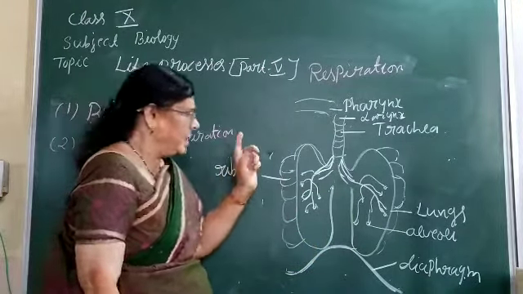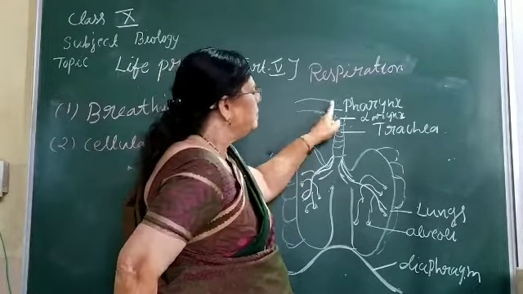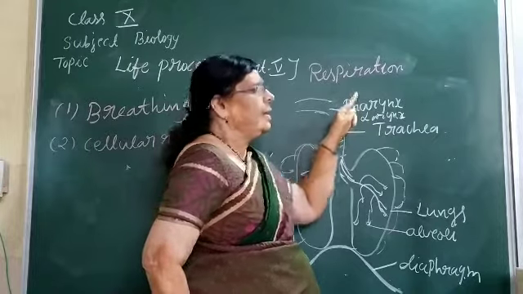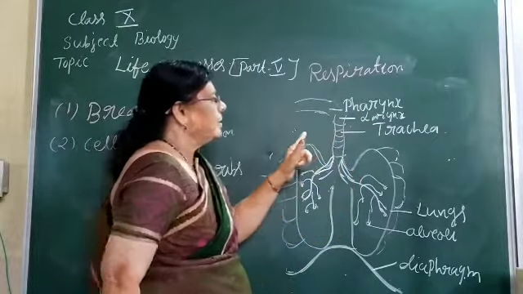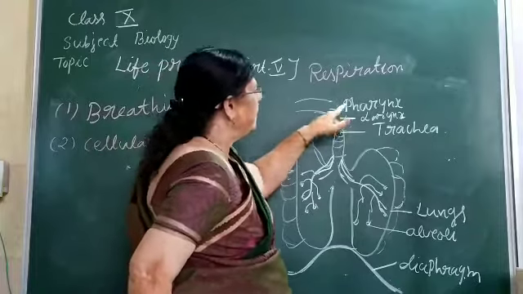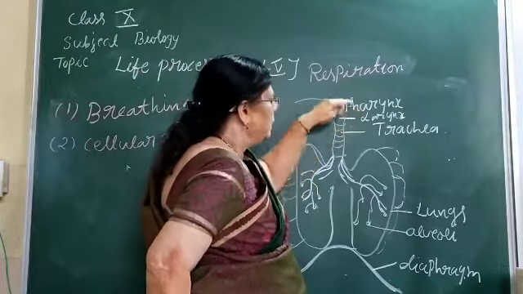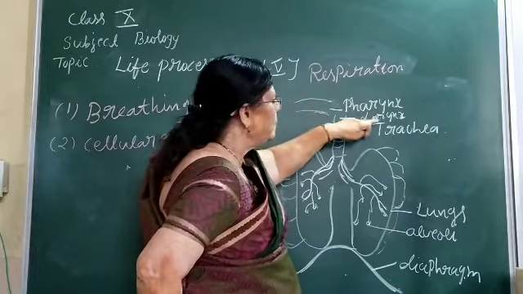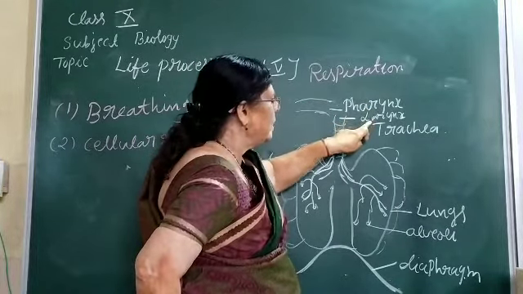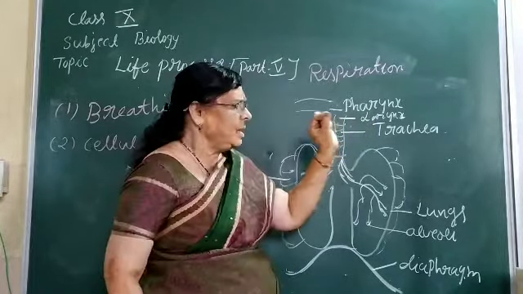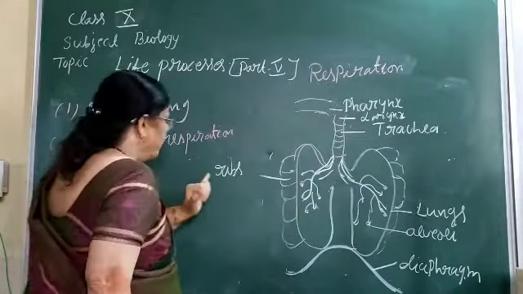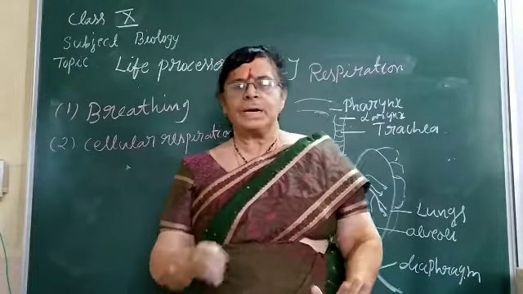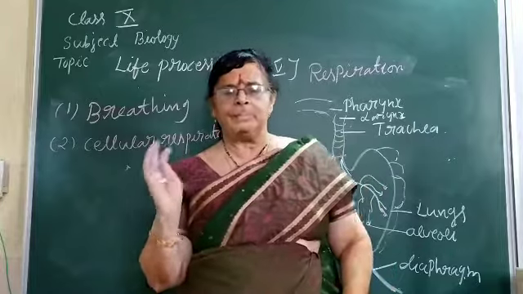Then from the nasal cavity, the air comes to the pharynx. When the air comes to the pharynx, there is a respiratory passage at the back, and it enters the respiratory passage. Then from the pharynx, it has to come to the larynx. Before it comes to the larynx, there is one connective tissue called the epiglottis. The epiglottis is always kept open because we are continuously breathing.